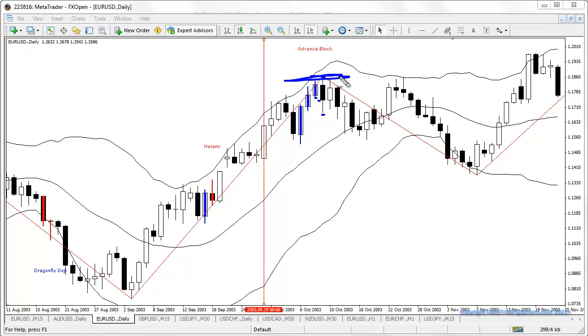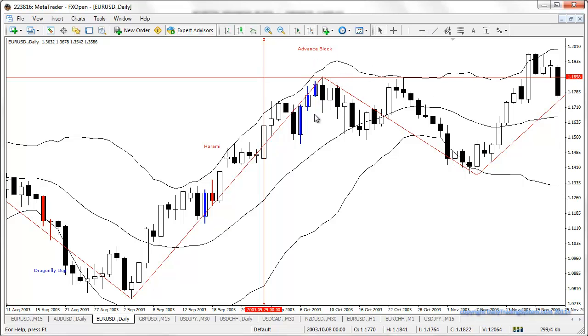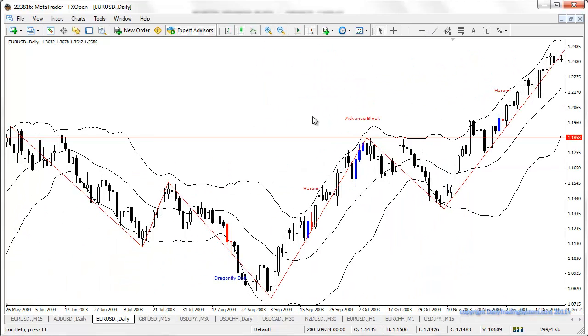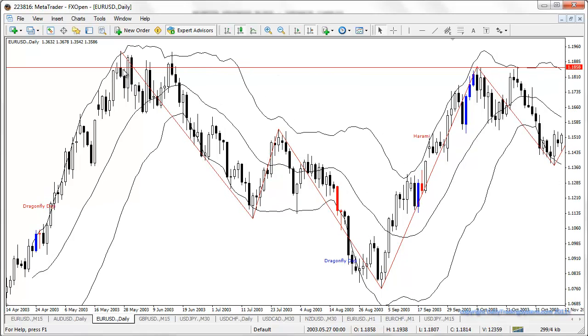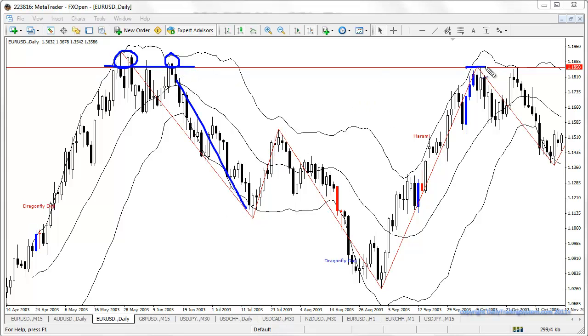We need to make sure that this top area is actually on the resistance, so we can go ahead and take a look at that in a moment. Let's just zoom back out a little bit, and we basically are on a resistance level. We've got our first top there and our second top there, and the market just drops. So now we've got that trend line tool in, and we've marked our high there.